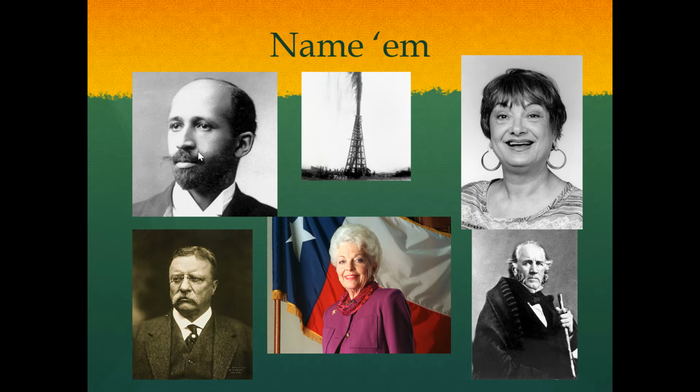Very important to maintaining Black history in the United States. In the center here is Spindletop, the first major oil rig in Texas. I don't remember the date on that one, so you'll have to look that one up.